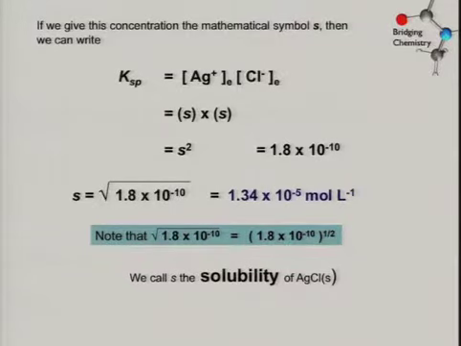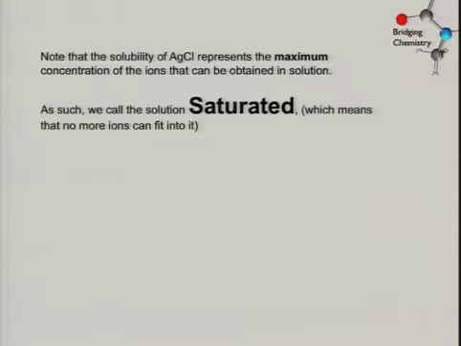Note that the solubility of silver chloride, this number we've just worked out, represents the maximum concentration of ions that can be obtained in the solution. Right? You stick your lump of solid silver chloride in your water and you stir it up and you let it reach equilibrium, and once the concentrations of those ions reach 1.34 times 10 to the negative 5 moles per litre, that's it.